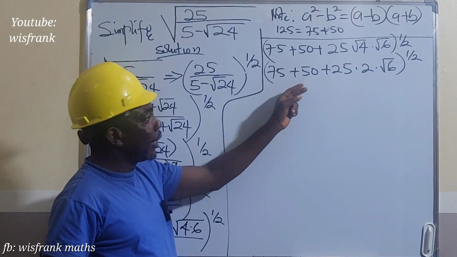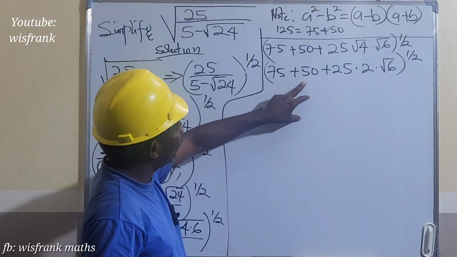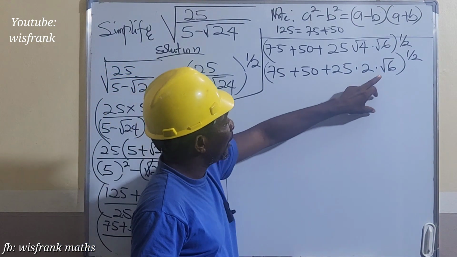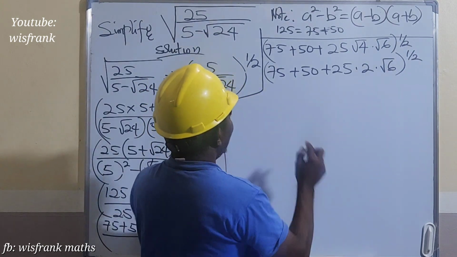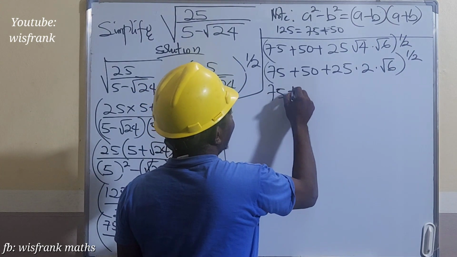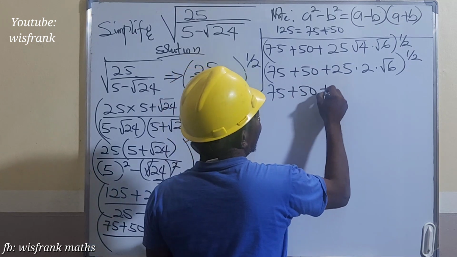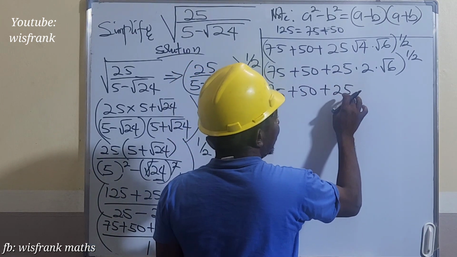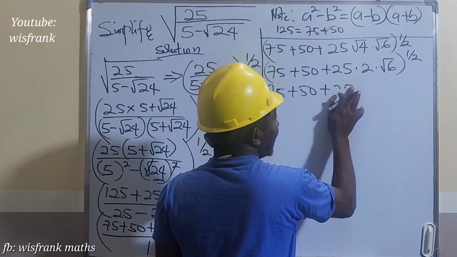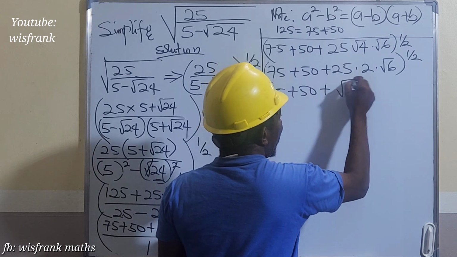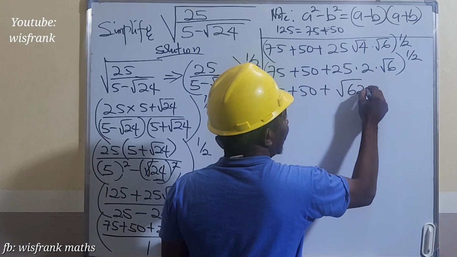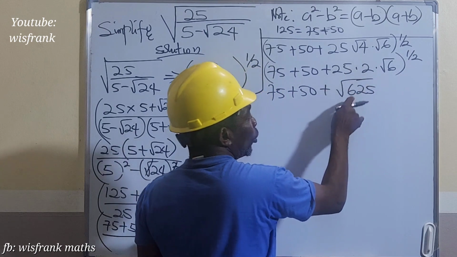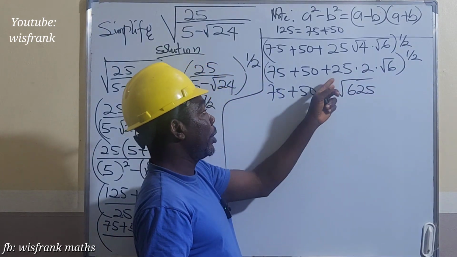So we are still going. The next step is for us to further simplify this. We have 75 plus 50 plus 25. This 25 we can write as the square root of 625, because the square root of 625 is 25.